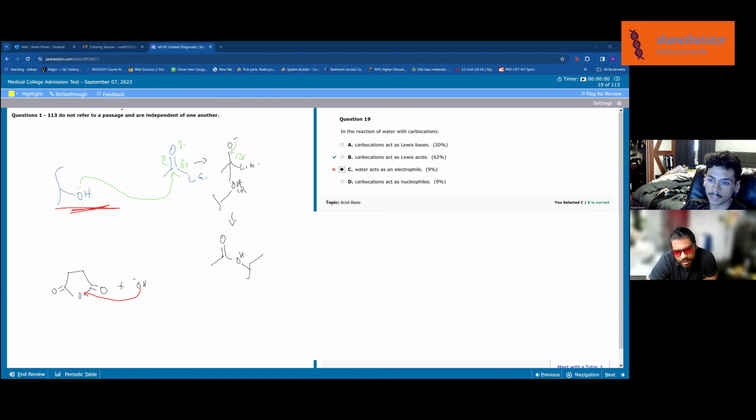Over here, do you see my drawing? In the drawing that I made above, where does it attack? Oh, it attacks the double bond. So I can attack here. Good.